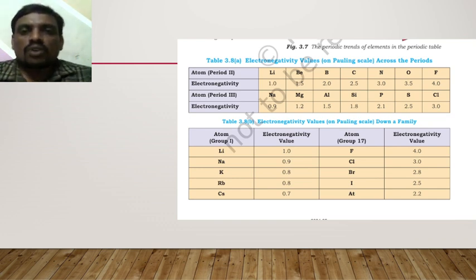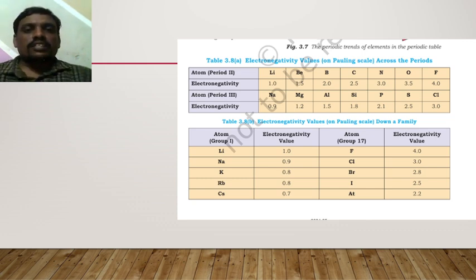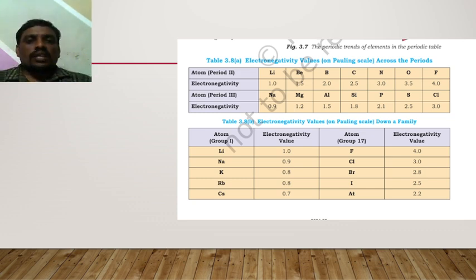Electronegativity values on the Pauling scale across the periods. Let us take period 2 and some of the elements and their electronegativity. Lithium 1.0, beryllium 1.5, boron 2.0, which means electronegativity constantly increases from lithium to fluorine.